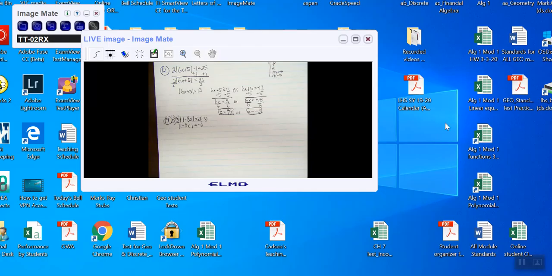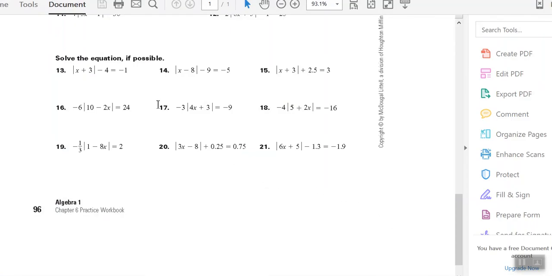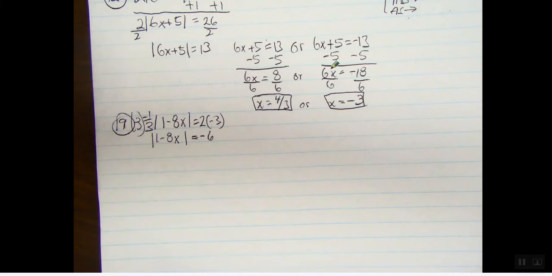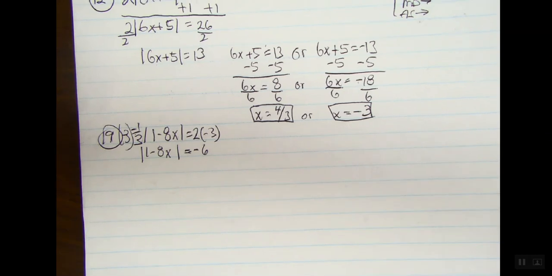Now I want to verify that I copied that down right. Yes, I did. Now, do you remember what our answer should be? What did I tell you? Once you get your absolute value by itself, what kind of number must you have over here on the right side?